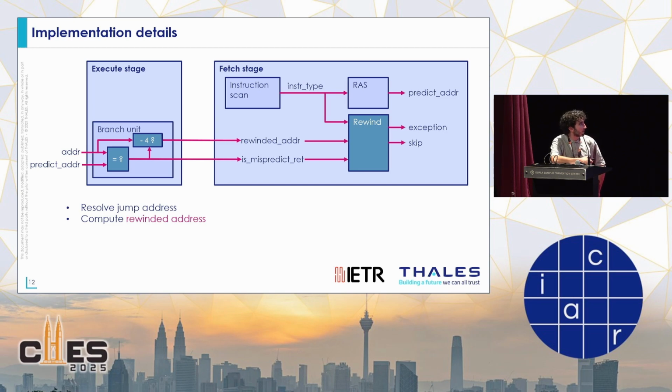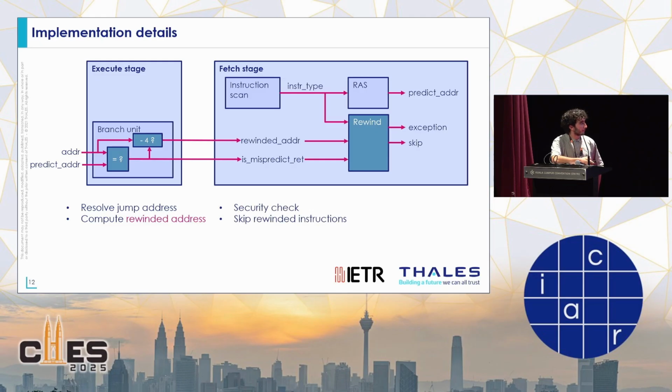That's the -4 we see here, and then all of this information gets sent to the fetch stage of the CPU, where we fetch the instruction at the rewinded address. This rewind module here is responsible for the aggregation of all the information regarding the instruction type. Here we see if we have a call instruction at the rewinded address or not. And we're also able to send a signal to the next stages to skip the instructions that we don't want to execute.